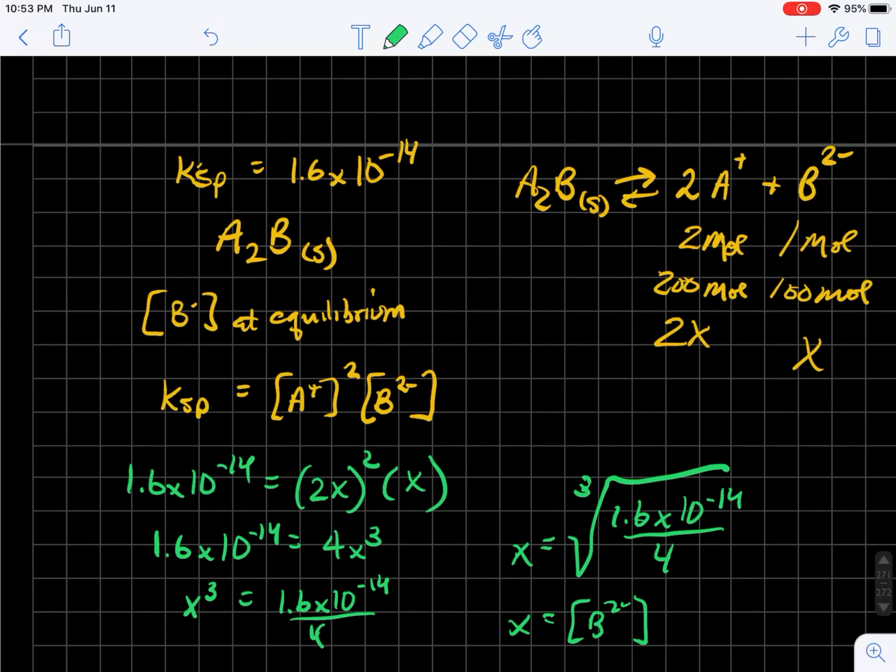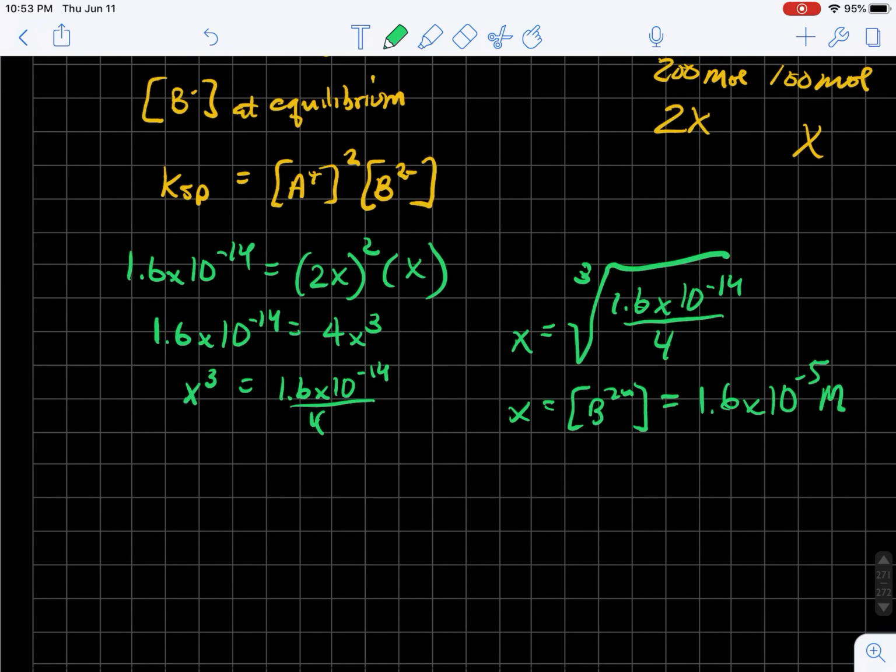And x, which is equal to the B2 minus concentration, is equal to 1.6 times 10 to the minus 5 molar. Now, if they ask you, well, what is the concentration of A plus? Well, A plus is equal to 2x. So the concentration of A plus would be 3.2 times 10 to the minus 5.